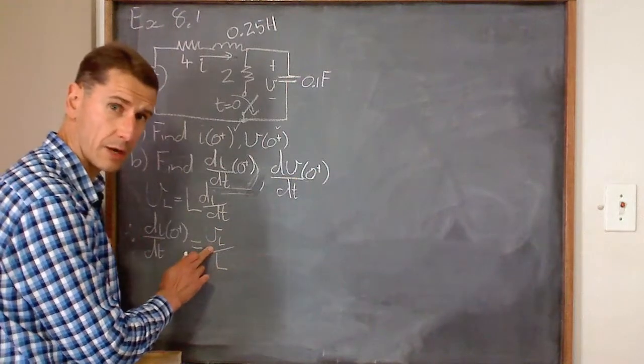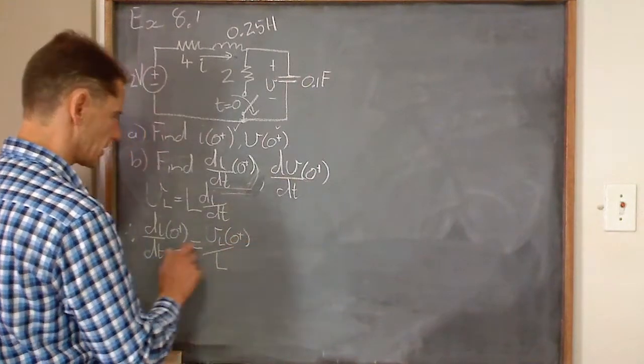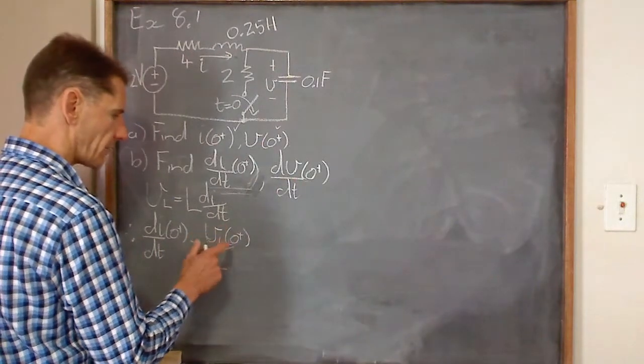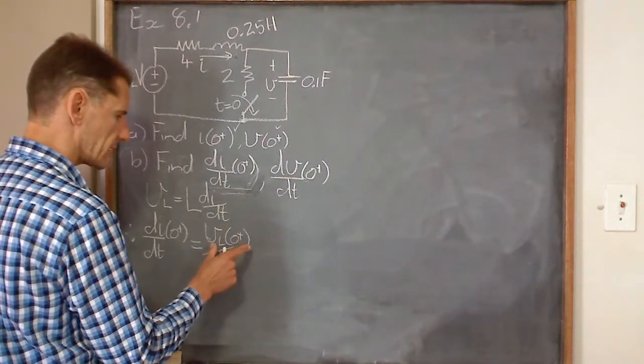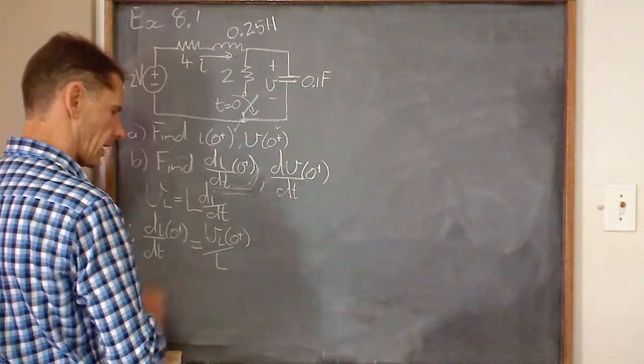But which VL am I looking for? I'm looking for VL at time 0 plus, because I want the di/dt at time 0 plus. So if I can find the voltage across the inductor the moment that switch opens, I know what that rate is.